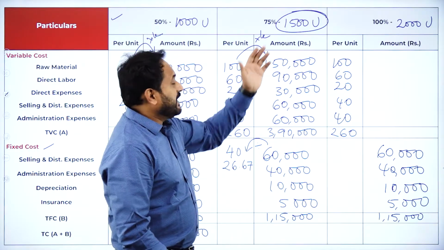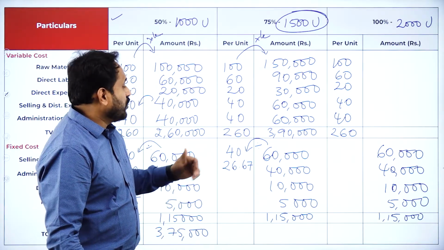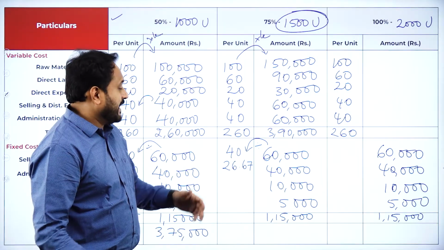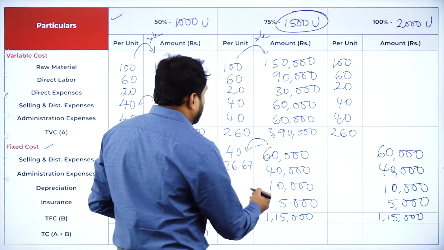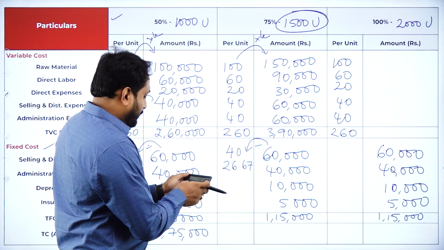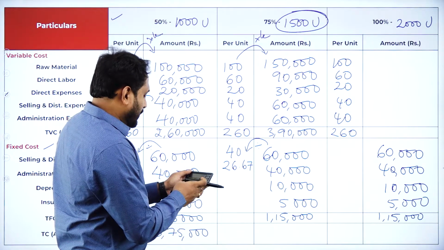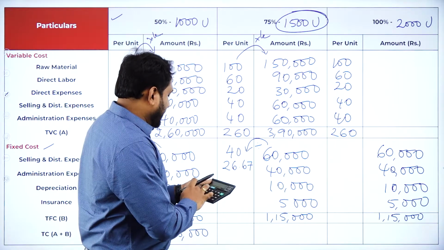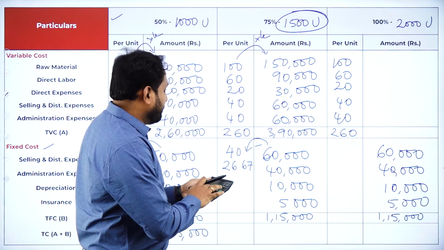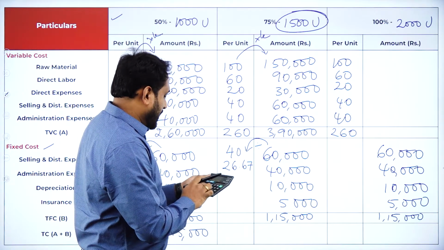Now 10 divided by 15. So if you go with that, 10 divided by 1,500, you will actually get 10. If you have a doubt, please go with that. That is, you have 10,000 divided by 1,500.